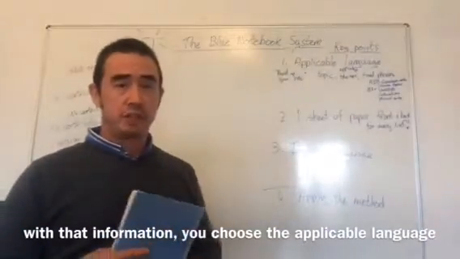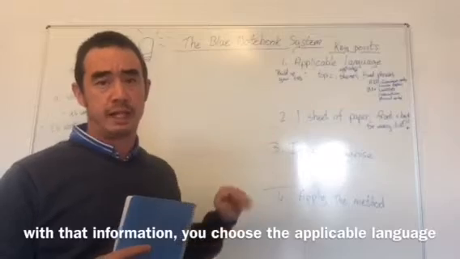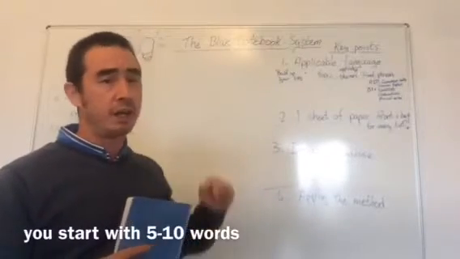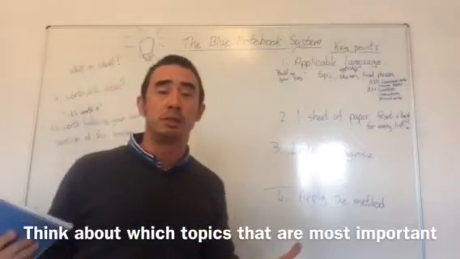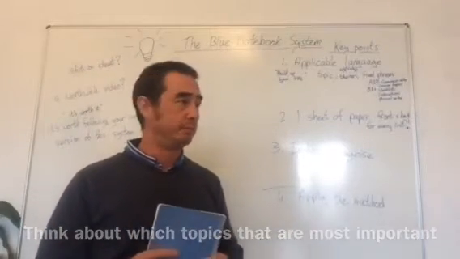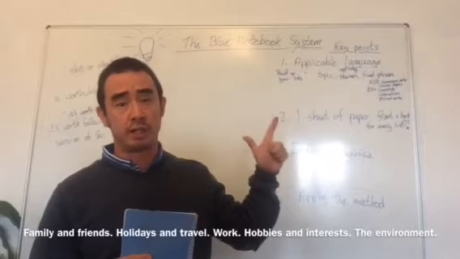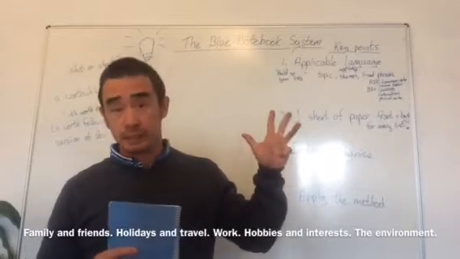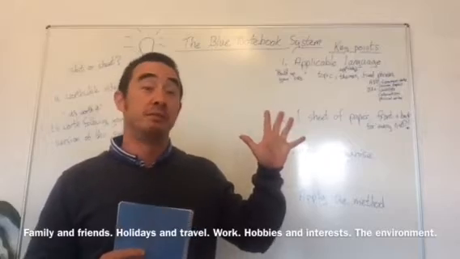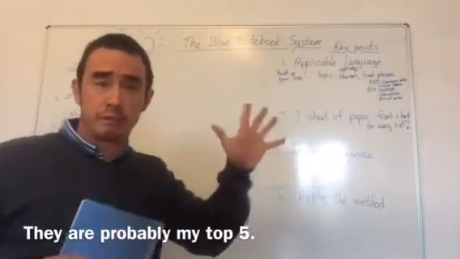But with that information, you choose the applicable language. You start with 5 to 10 words. Think about which topics are the most important. Family and friends, holidays and travel, work, hobbies and interests, the environment, probably my top 5.